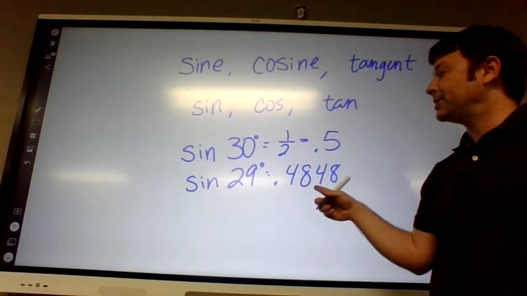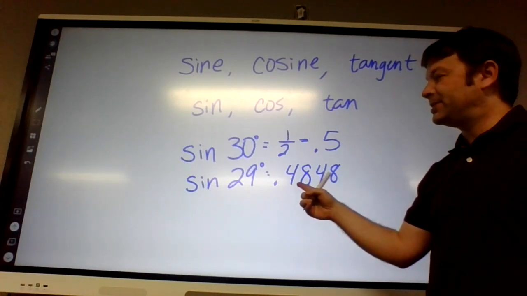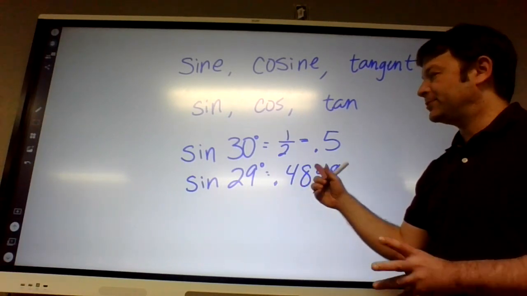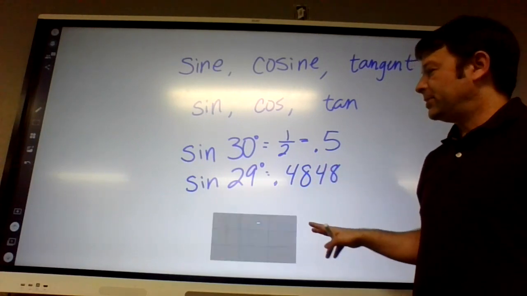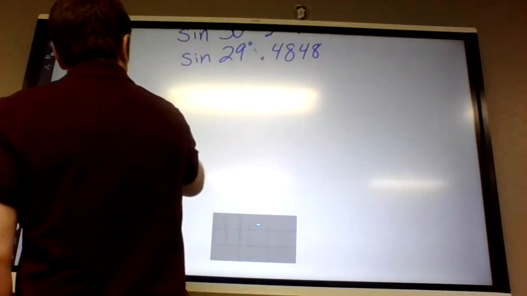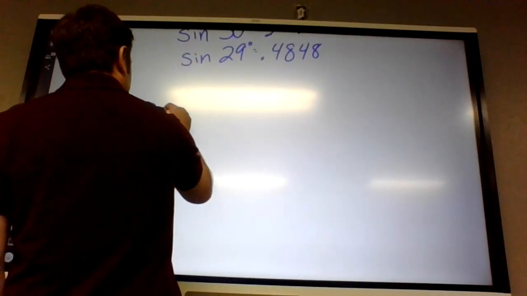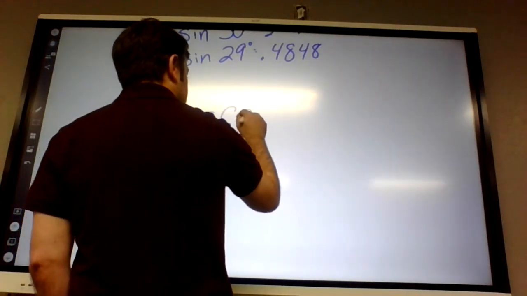There's no fraction that goes with it, but that still is a ratio. It still tells us the ratio of those sides of the triangle. Okay, so there's a magic word that we need to remember, and we'll do it a lot this year and more next year, and that magic word is SOHCAHTOA.